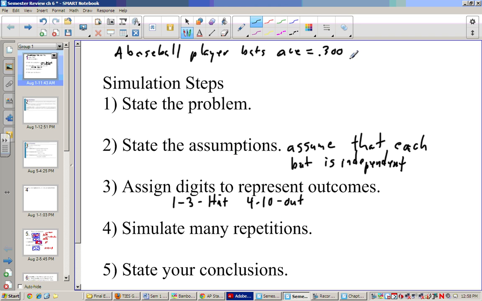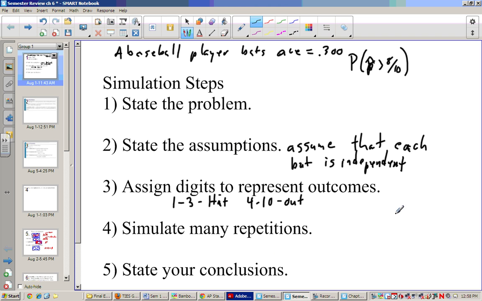So maybe we want to find the probability he gets hits the ball 8 out of 10 times. That would be a proportion. So we simulate this many times. We do random integers 1 through 10, and we simulate 10 different numbers.